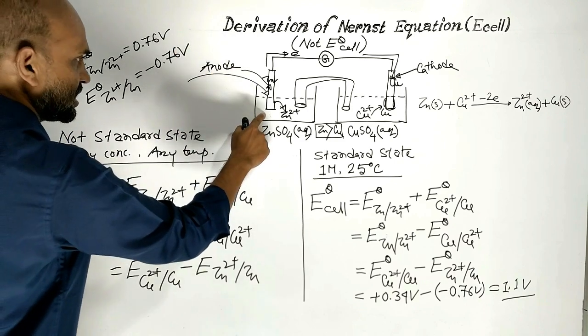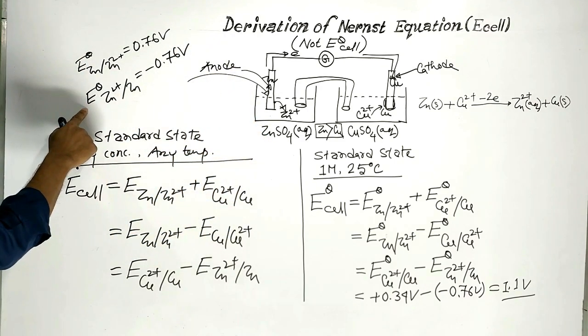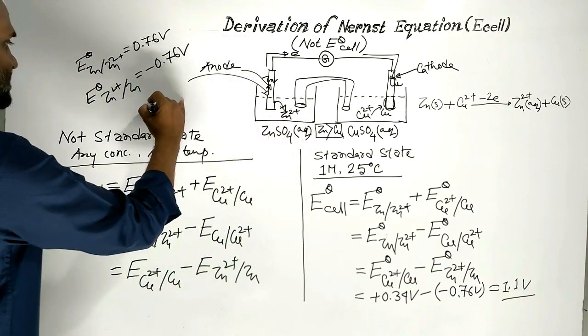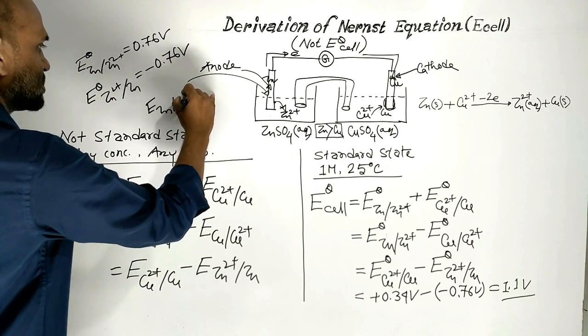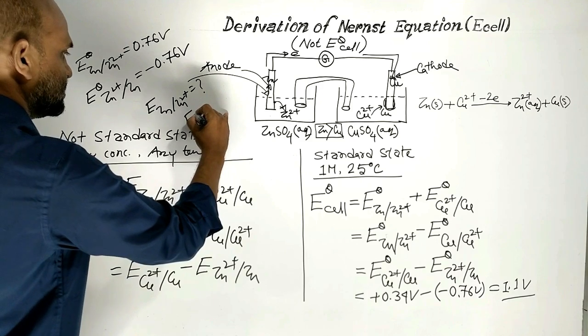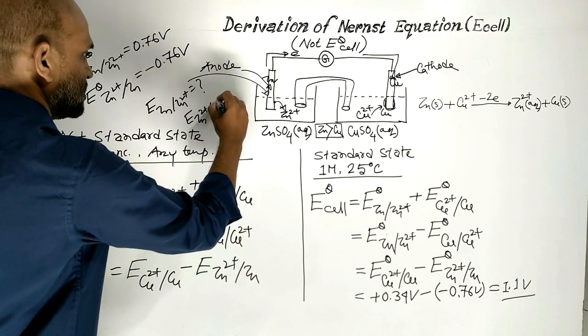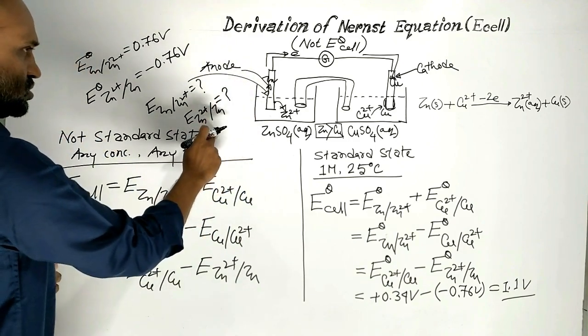That is, when the cell is in standard state, then these values are known. But when it is in non-standard state, then oxidation potential is not known and reduction potential is not known.